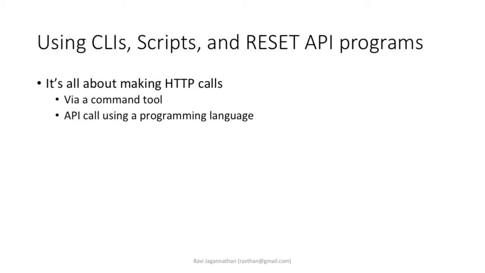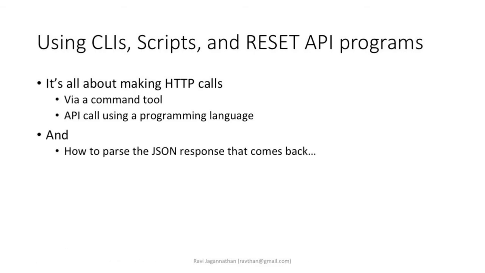And the answer actually comes back in JSON format. And dealing with JSON is not that sophisticated either, which we will go through. And how do you parse the JSON? Again, it is not as complex as one thinks.